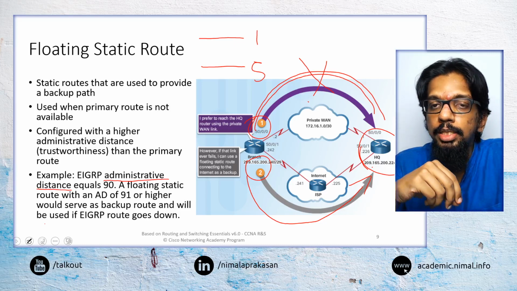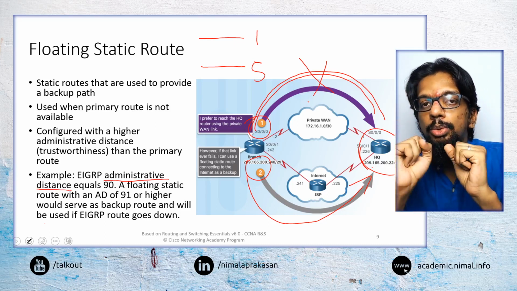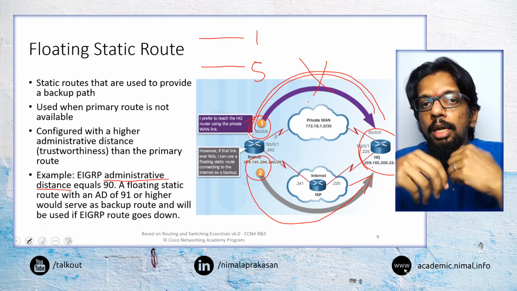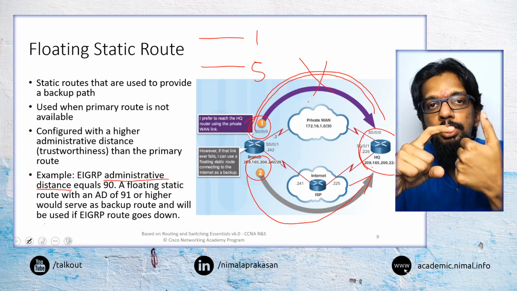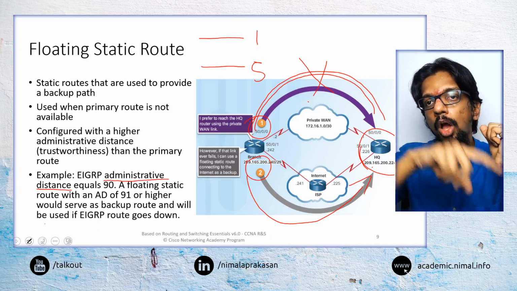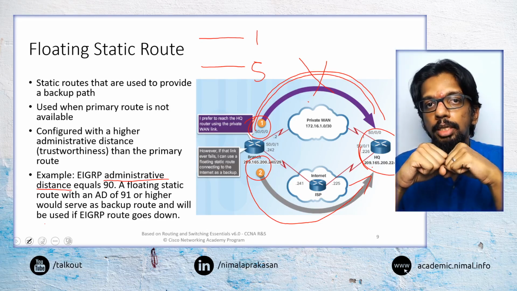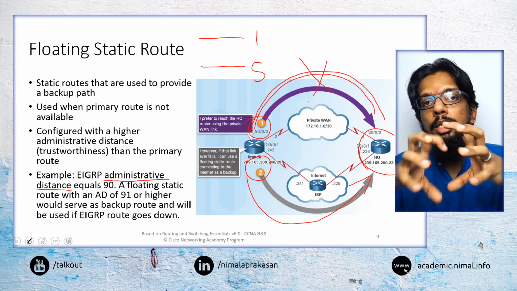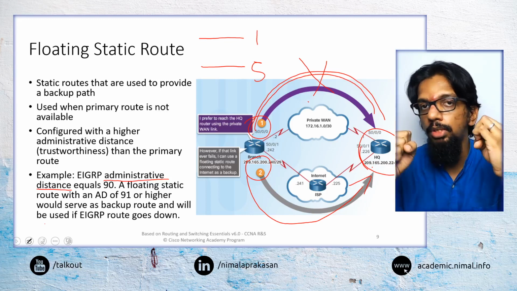So administrative distance is a numerical value that we attach to each routing entry, and this can depend on a number of things. It can be based on the number of hops between different networking points, so how many routers it has to pass through. That can be one metric. Or it can depend on the speed or bandwidth of the network.